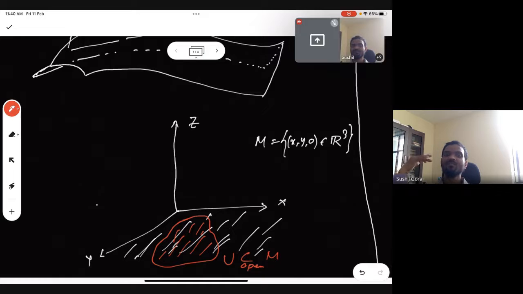The question is, you need to make sense of the fact that it touches the surface, it touches the manifold. That is more important than having an intersection at only one point.